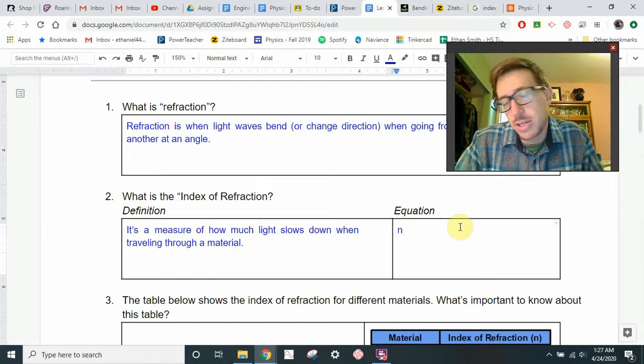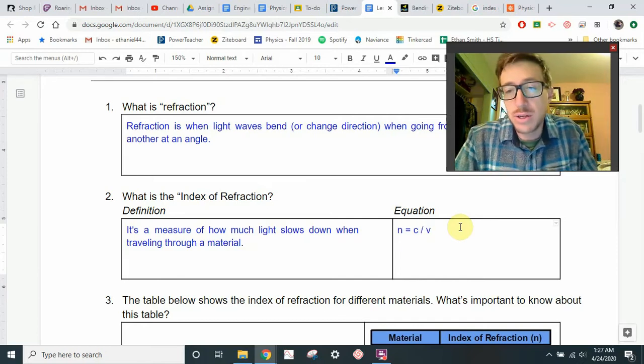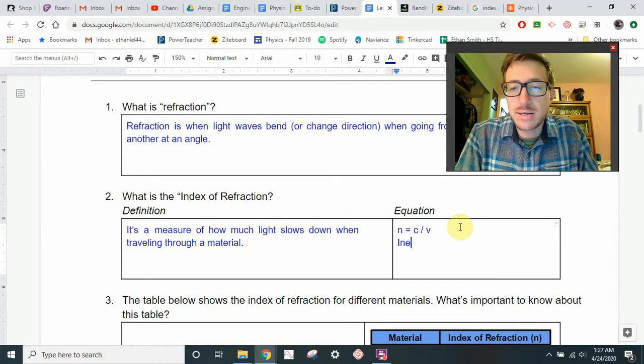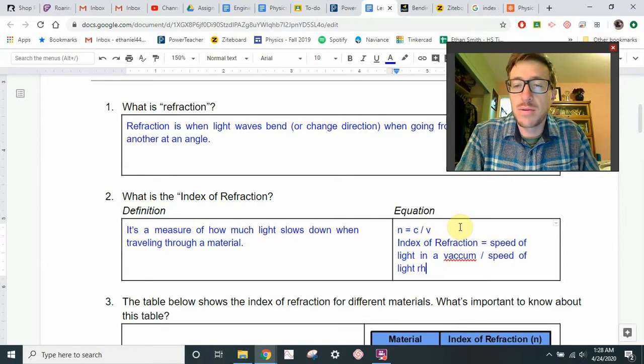Lowercase n, our symbol for the index of refraction, is equal to c, the speed of light, divided by the velocity that it's traveling through the material. So we could write this out as the index of refraction equals the speed of light in a vacuum divided by the speed of light through the material.